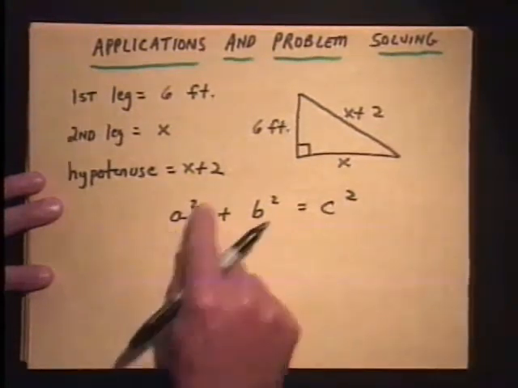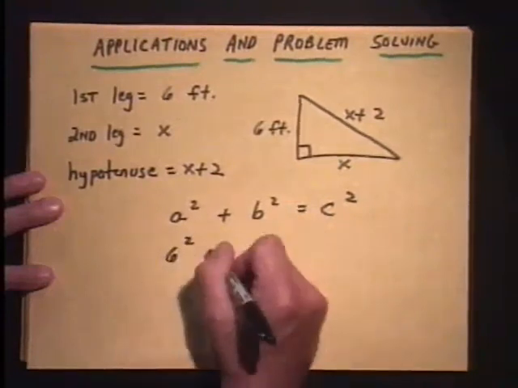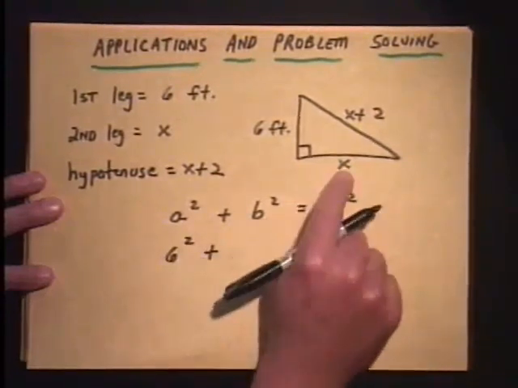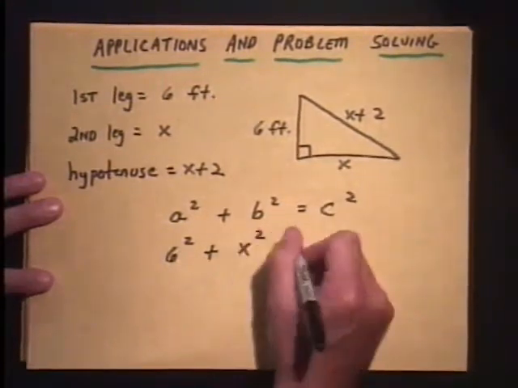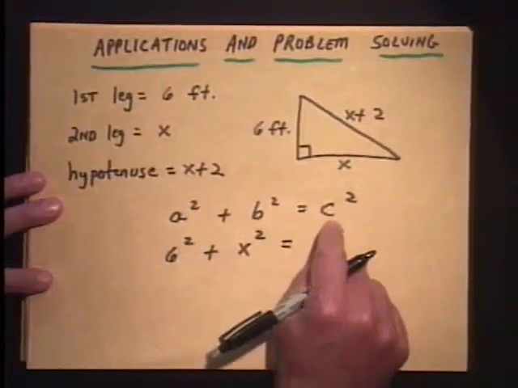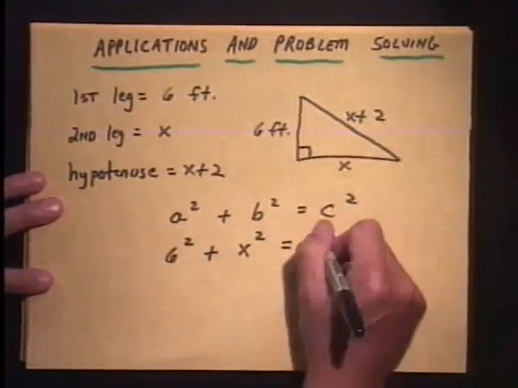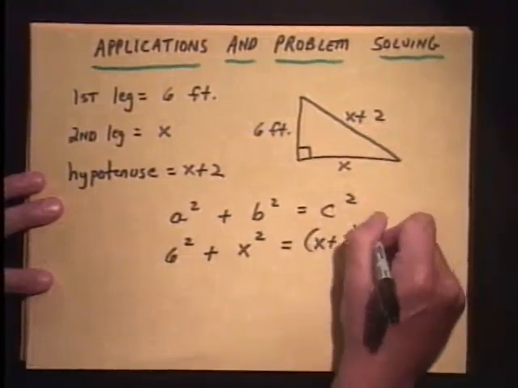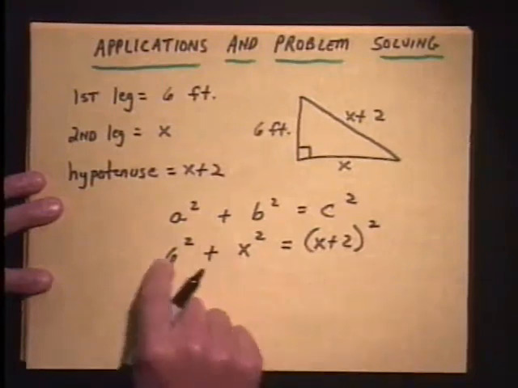We'll take the 6 and call it a, so that's 6 squared, plus b squared. We don't know what that is, so we'll substitute x there, and we'll call that x squared, equals c squared, which is x plus 2. Here you have to be a little bit careful. This is x plus 2 quantity squared. So we have our Pythagorean formula right here.